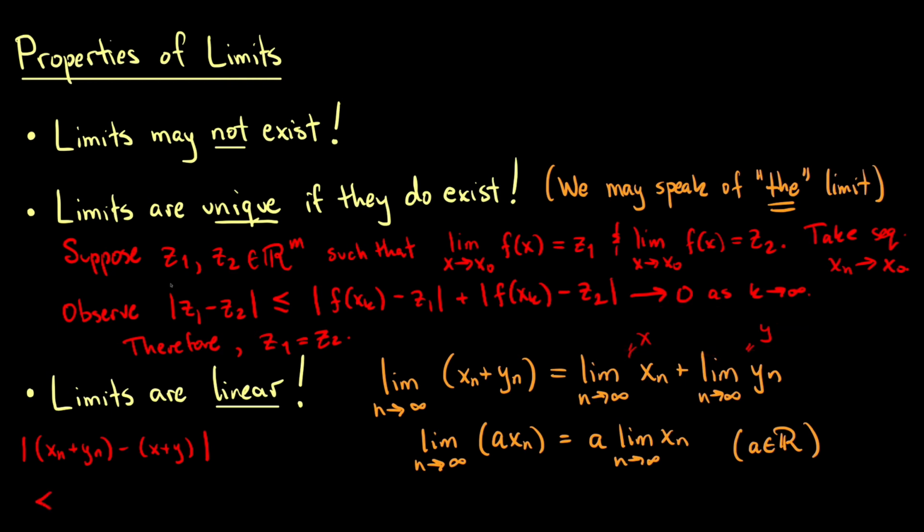And this is, by the triangle inequality, less than the norm of xn minus x plus the norm of yn minus y. And each of these goes to 0 as n goes to infinity. I guess I shouldn't really be using n, because n is usually the dimension of my space, not the index of the sequence, but that's okay. This goes to 0.